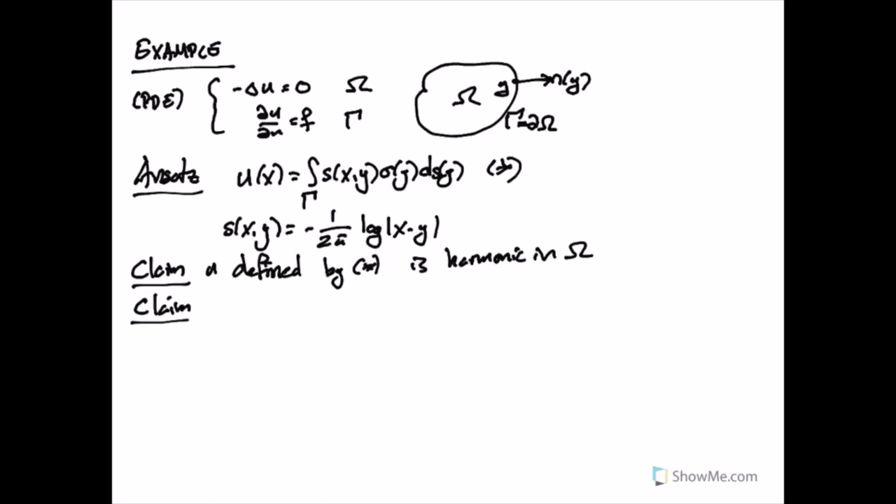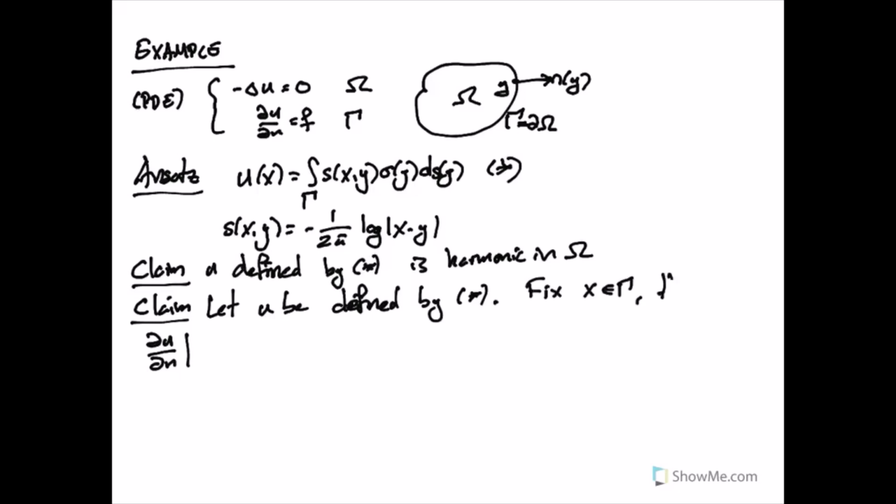The second claim is that if you evaluate the normal derivative of the function defined by star, so let u be defined by star, then du dn, I should say, let's fix an x on the boundary, then du dn evaluated at x, well, what does this even mean?